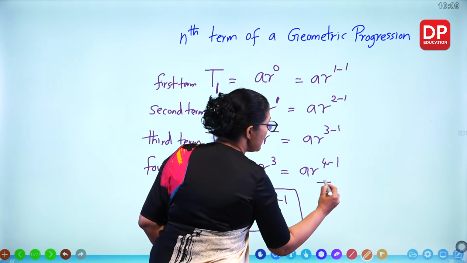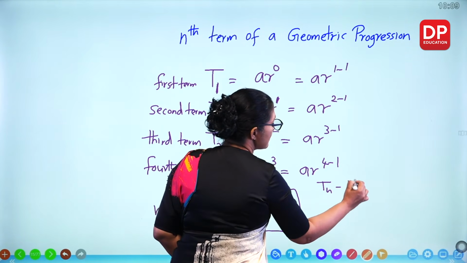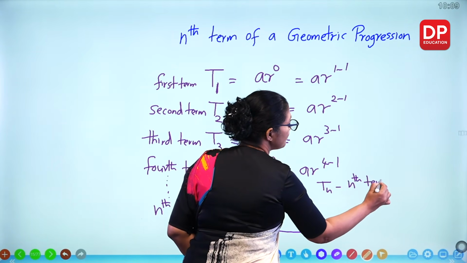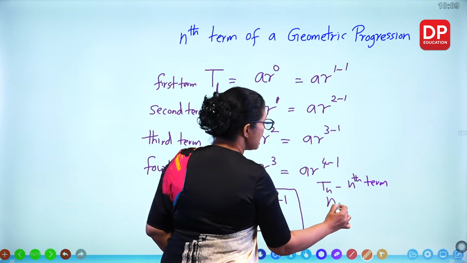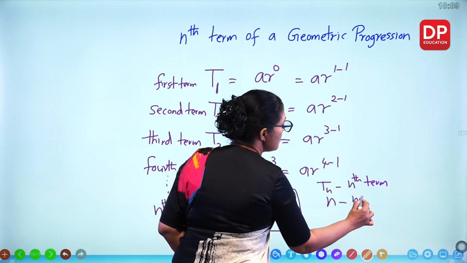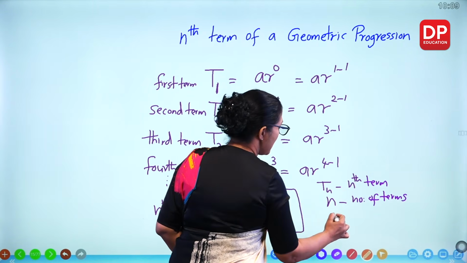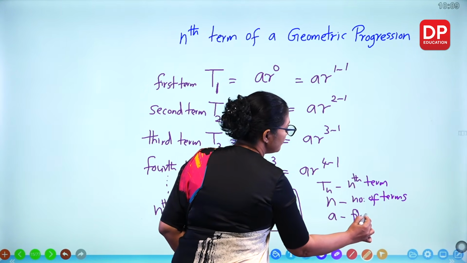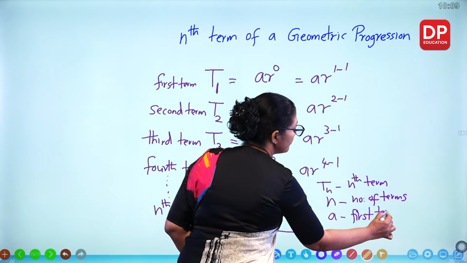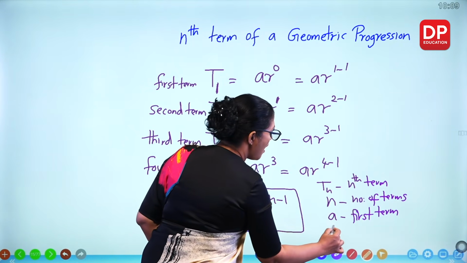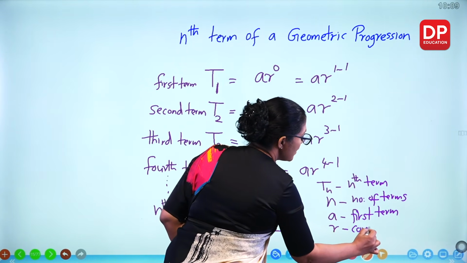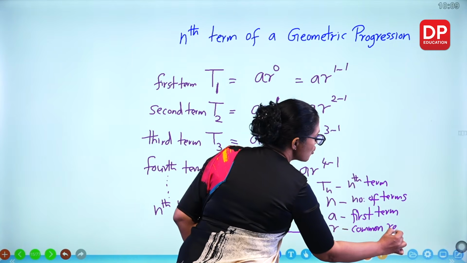So Tn is the nth term. N is the number of terms. A is the first term. And R is the common ratio.